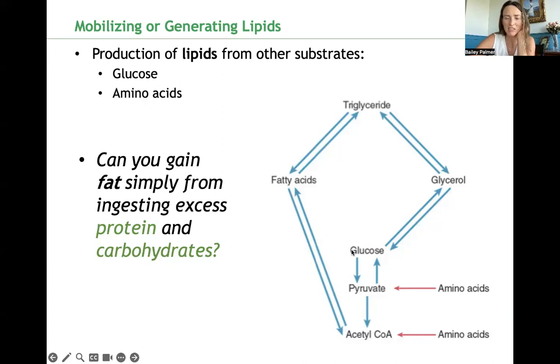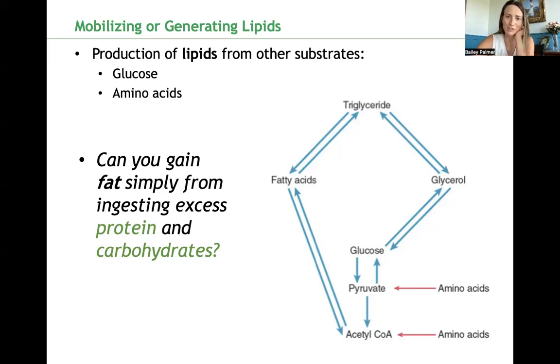We look at this picture, which is not the best picture. There's one on the next slide that I like better, but it basically shows how amino acids can be turned into pyruvate or acetyl-CoA. Acetyl-CoA, we already know, can directly turn into fatty acids. We just learned in beta oxidation that fatty acids become activated and turned into acetyl-CoA.